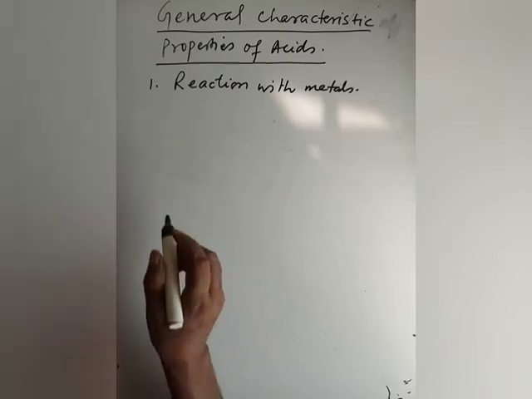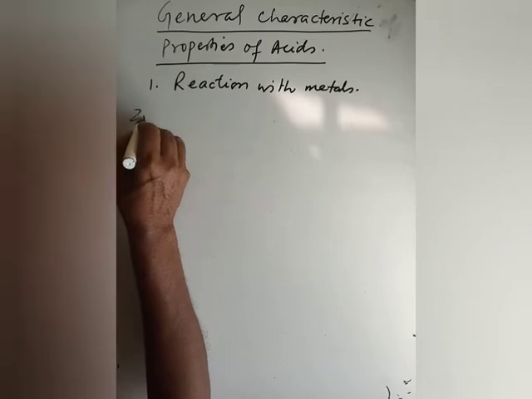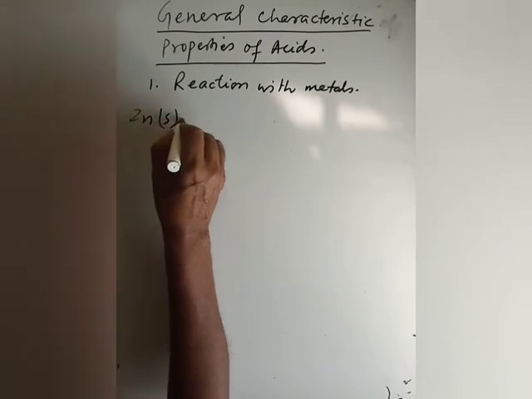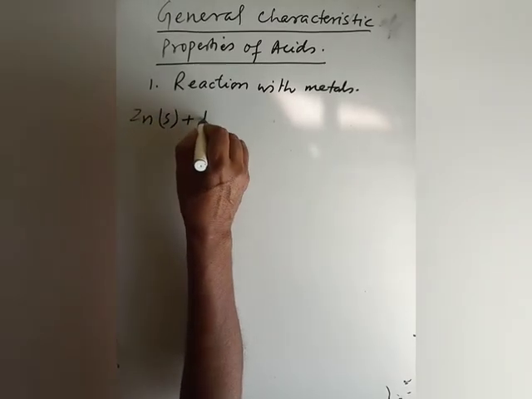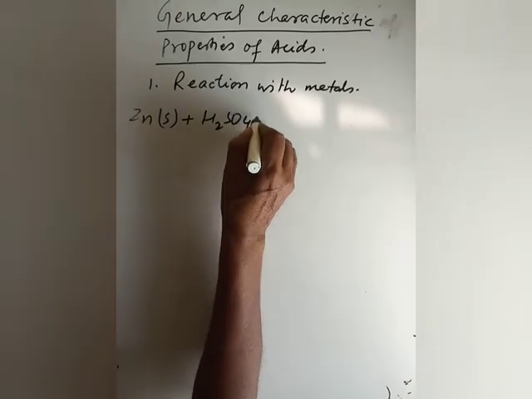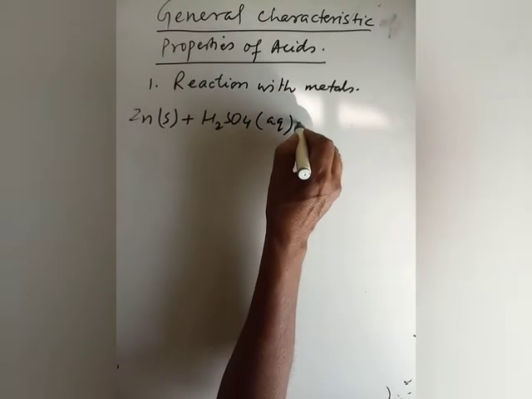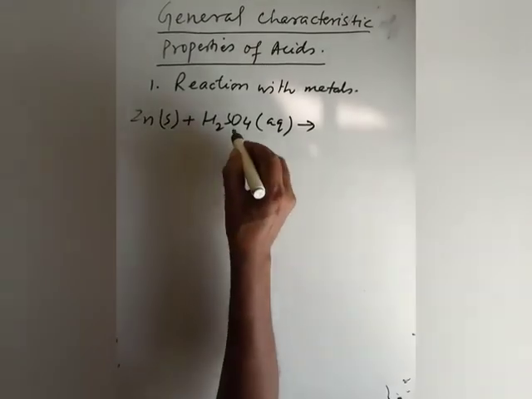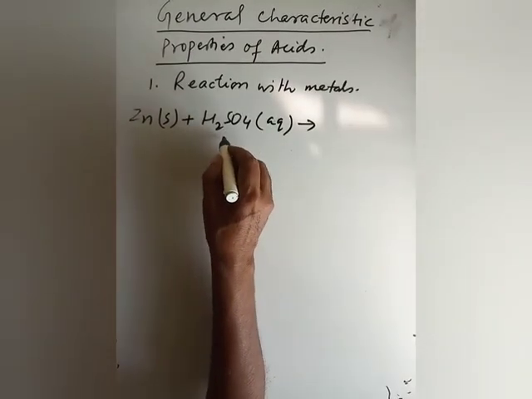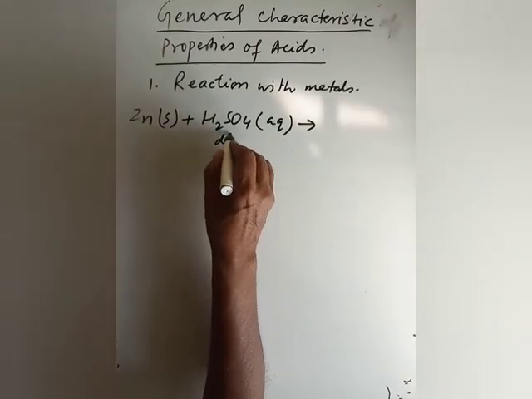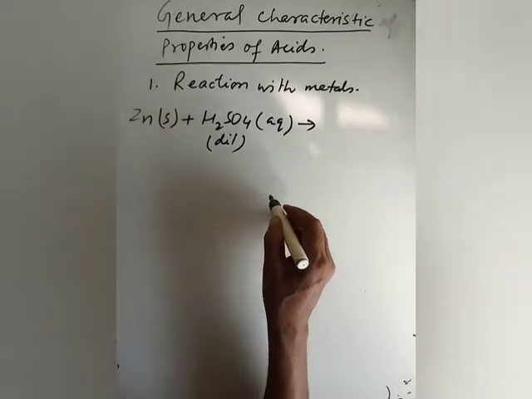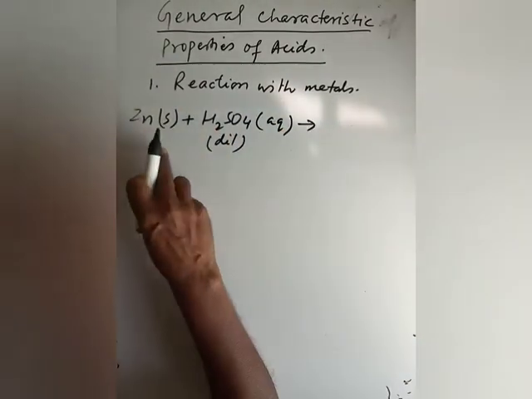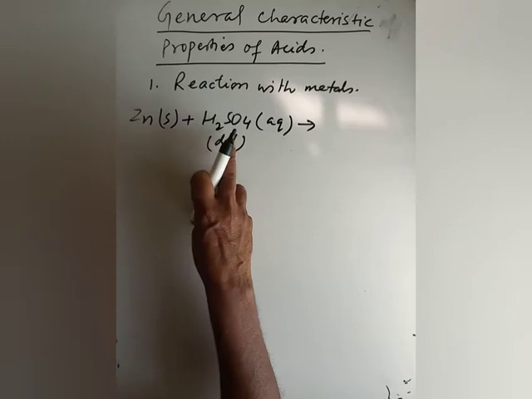The reaction is like this: zinc in the solid form plus sulfuric acid in aqueous form. Aqueous means water mix. It is the dilute form. In the dilute form, zinc will react with sulfuric acid.